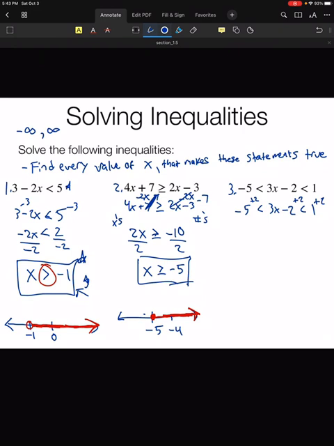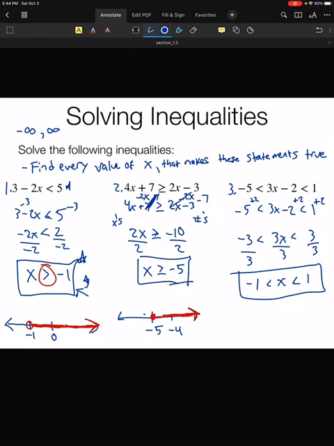When I do that, I get negative 3 is less than 3x, which is less than 3. And to get x alone, I divide by 3, but again, I need to divide both of these endpoint things by 3. So I get negative 1 is less than x, which is less than 1 as my final answer.